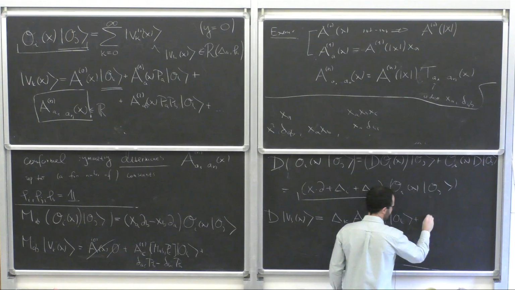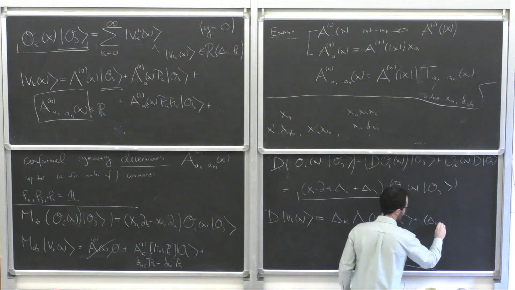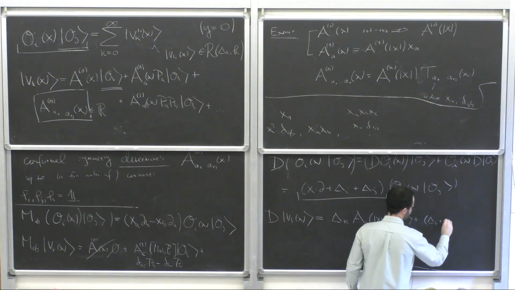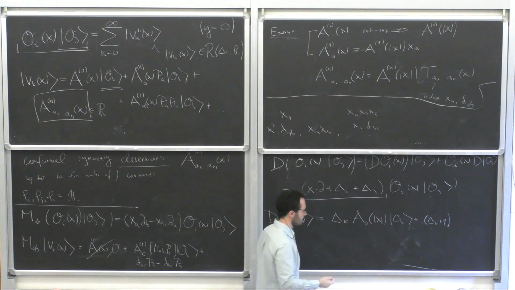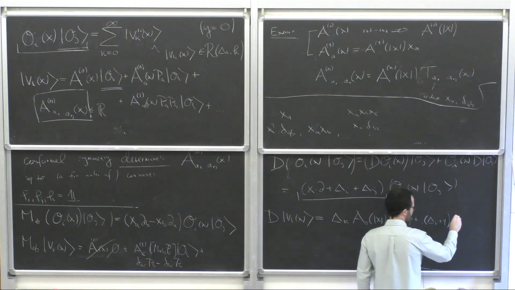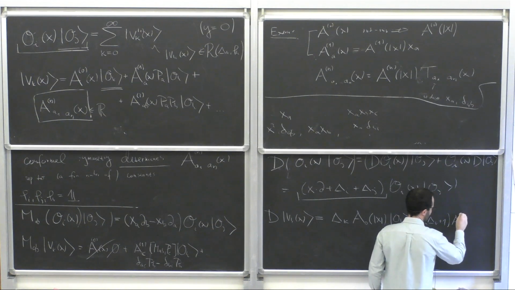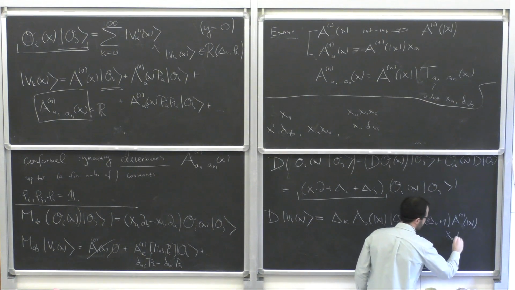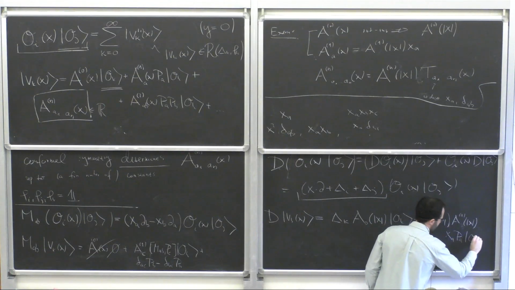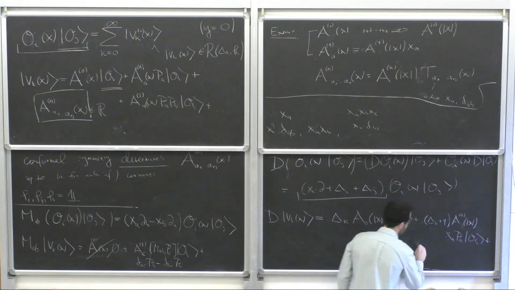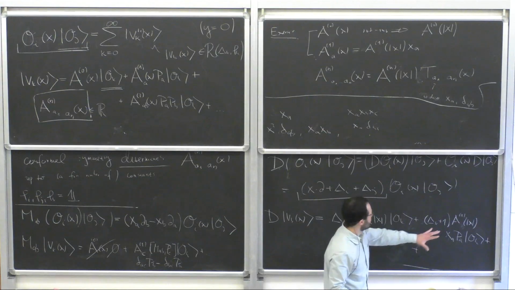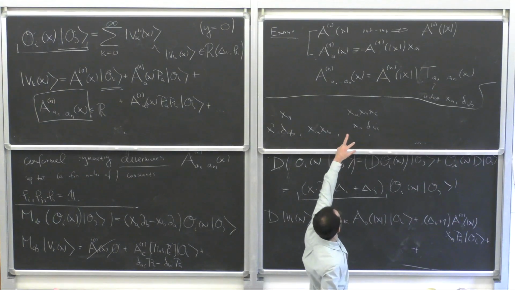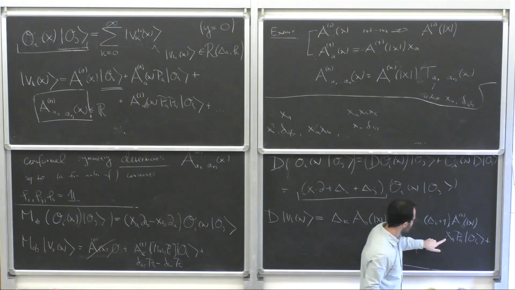Then the next term it multiplies by delta K plus 1, because it's a first descendant, so its scaling dimension is delta K plus 1, times A1, A1 norm, XA, PA, plus dot dot dot. Here I've already used the rotation invariance to write A1 as a function of the norm times X.